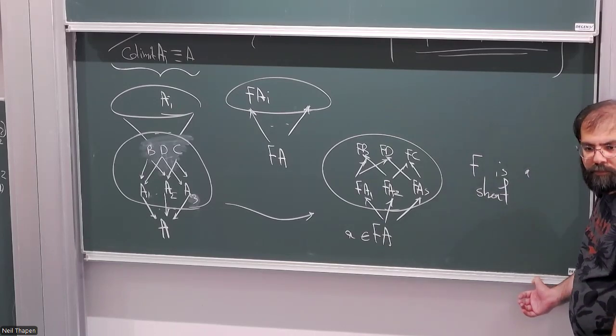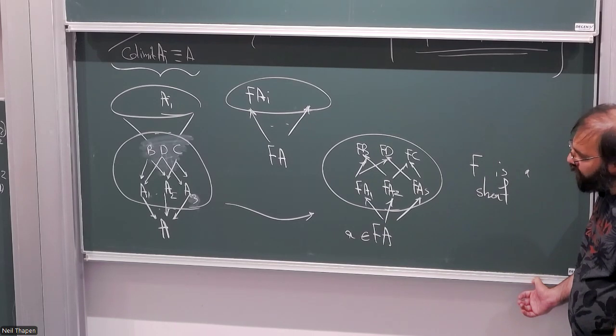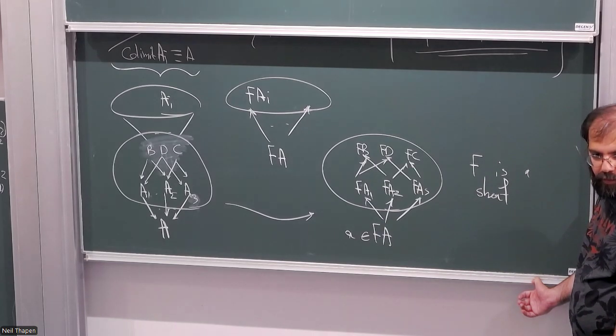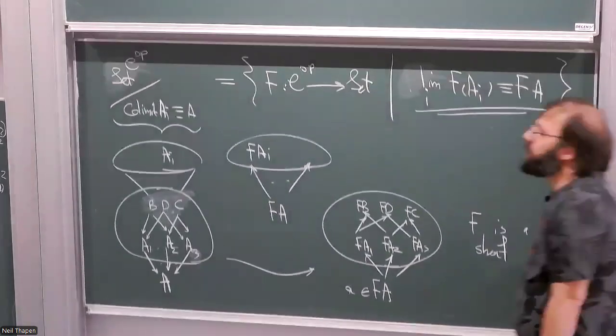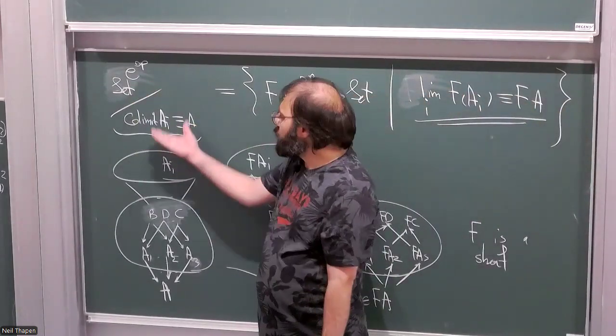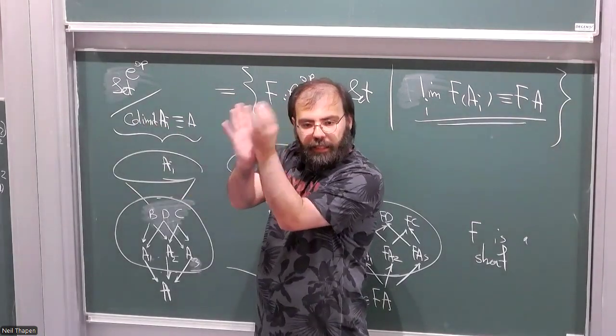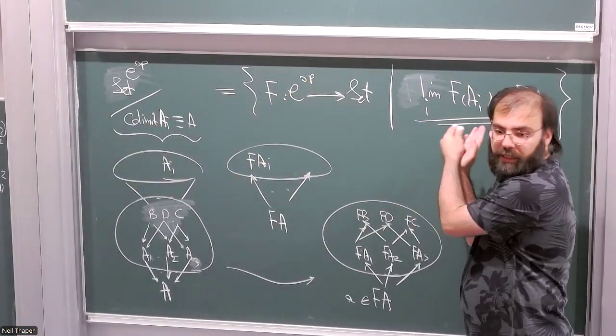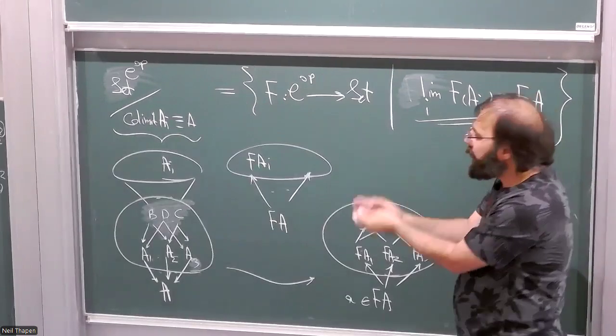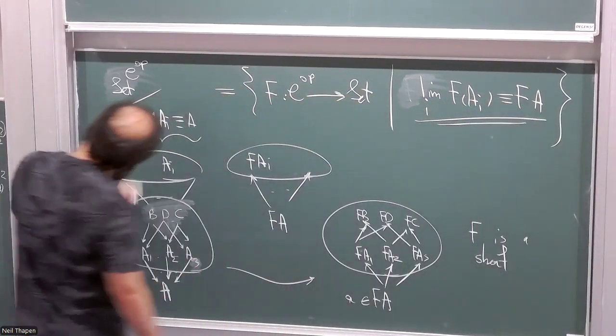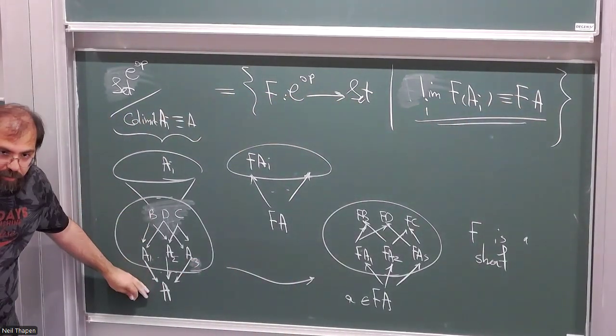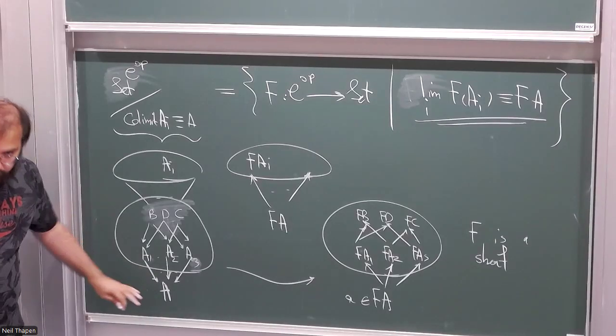Why B, D, and C here? Are they doing sort of the same job as the AIs? Yes. So my point is that when you do a quotient, you write some colimit, and then you restrict yourself to the F that preserves it. So let's now focus on these kinds of colimits, because I can pick my colimit.